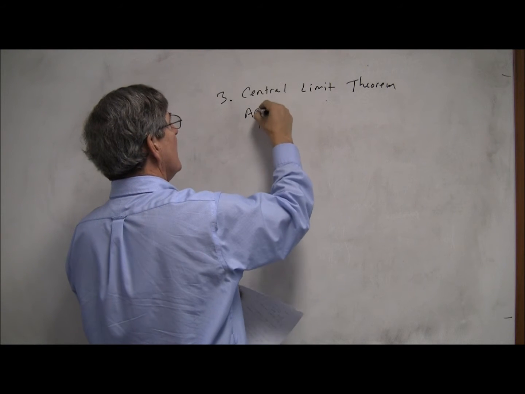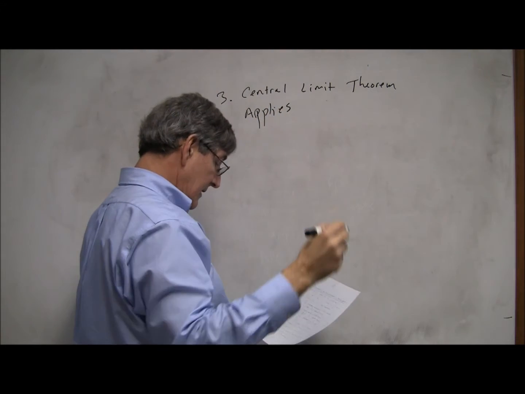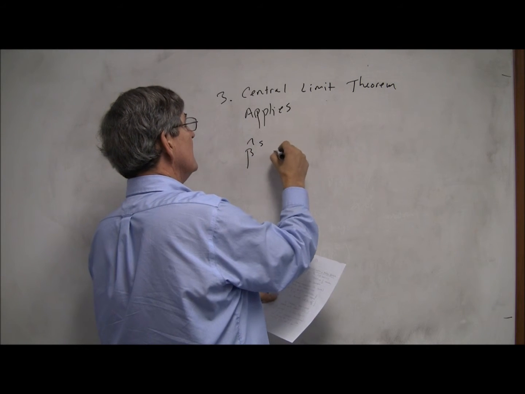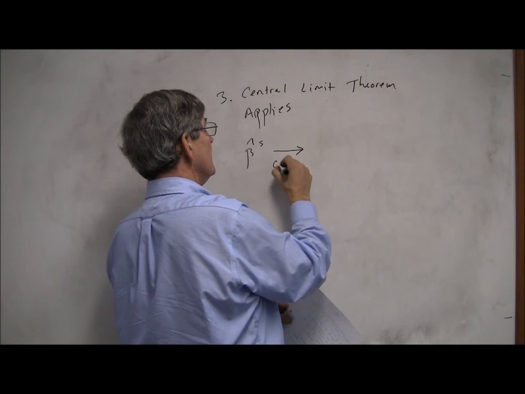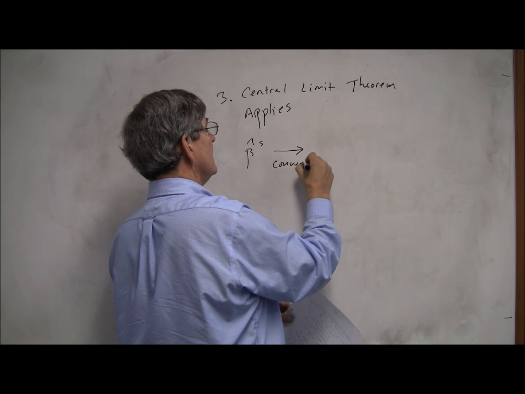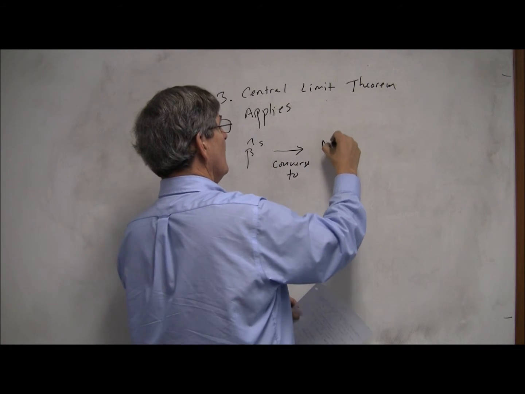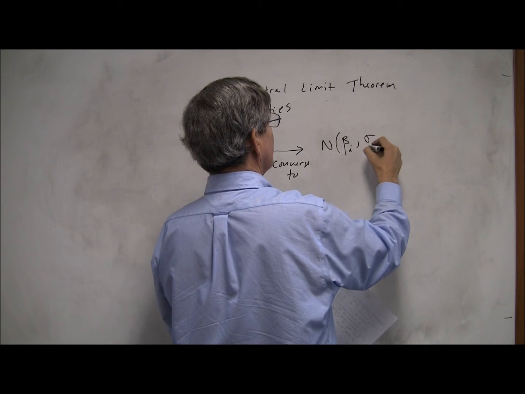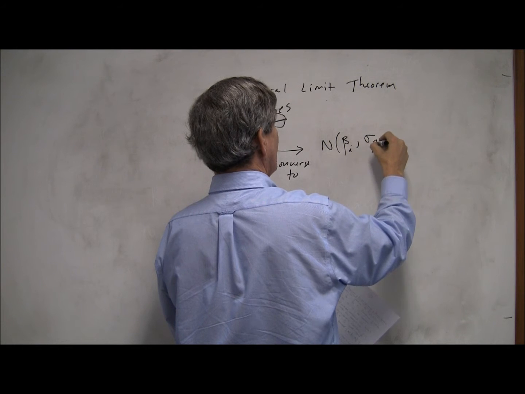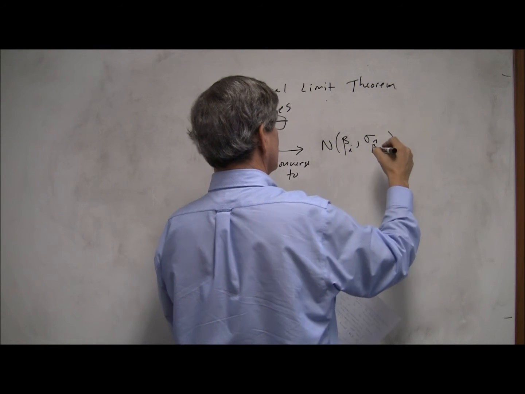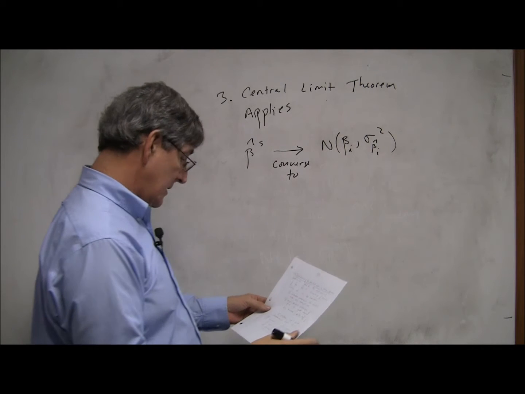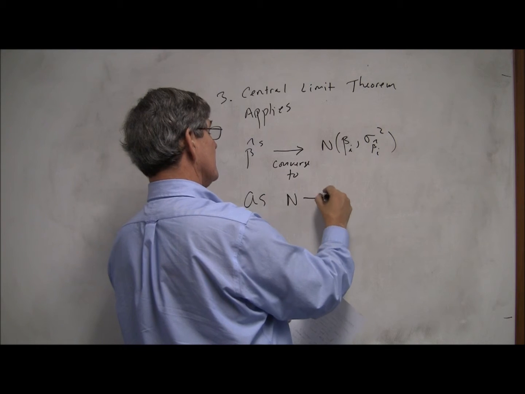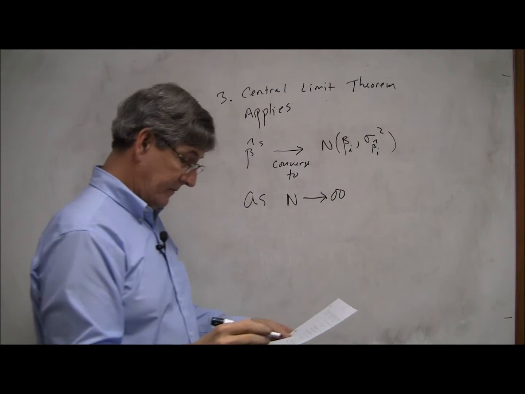applies, just like it applied in the two-variable case. And so the beta hats converge to a normal, beta i, sigma beta hat i squared, as the number of observations goes to infinity.